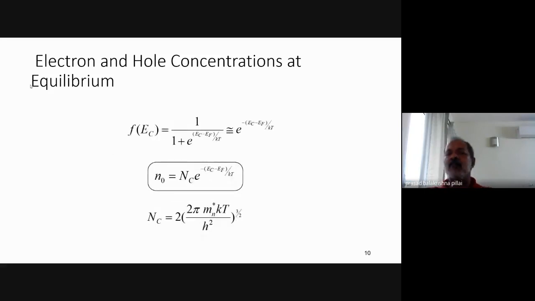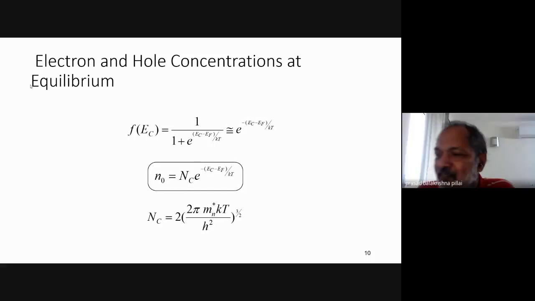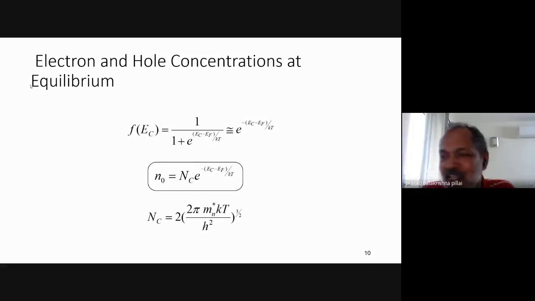So what will be the probability of finding a hole in the valence band? Any answer? One minus, yes. Why one minus? Probability can be maximum one.